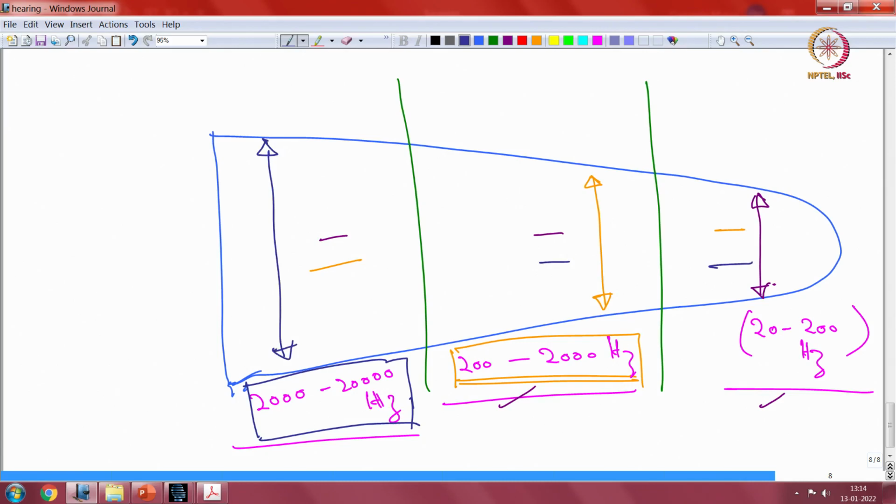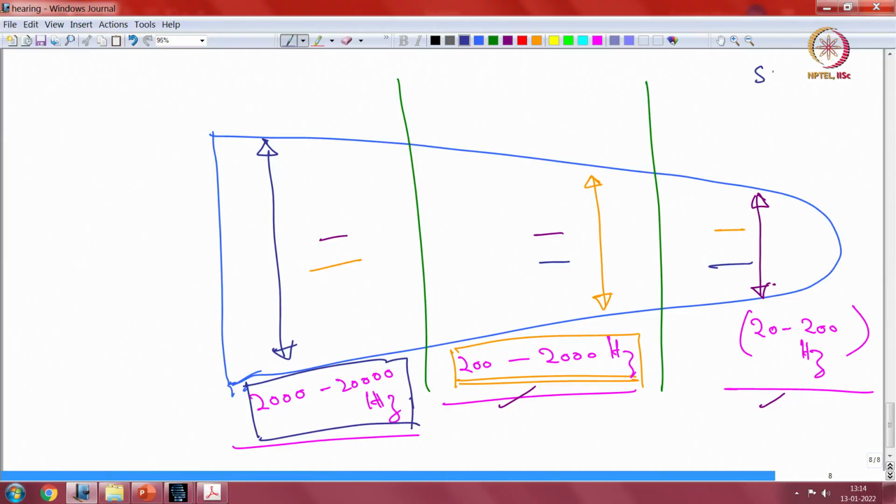So, the basilar membrane is selective to frequency, and different frequencies cause amplitude changes only in selected parts of the membrane. That is the idea of saying system. It is not just a membrane, it is a system.